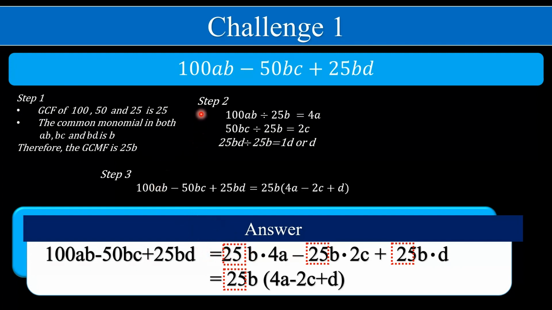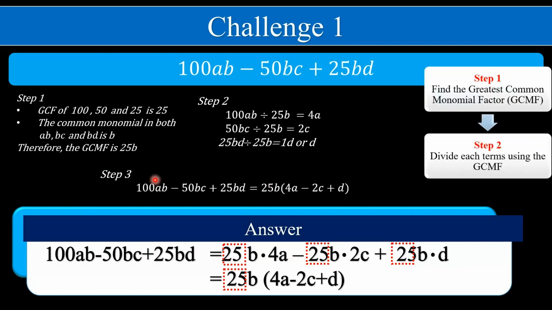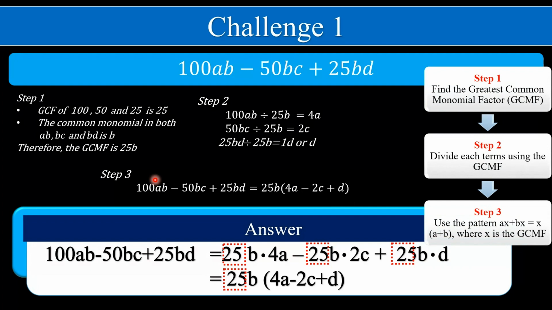But think of this, step number 2 is connected to step number 1 in such a way that the first term, second term, and third term should be divided by the GCMF, which is 25b, and we've got 4a, 2c, and d. And the final step is all about the pattern. So again, step 1, step 2, and step 3.